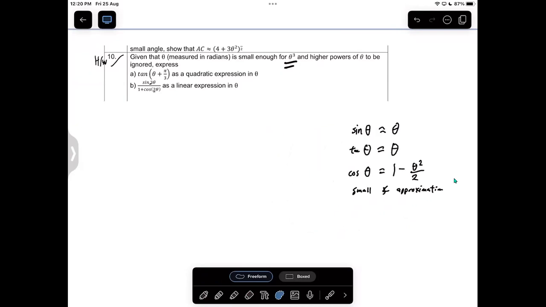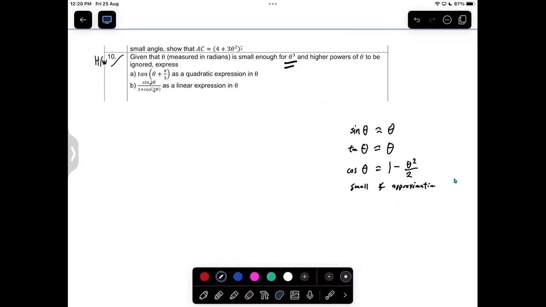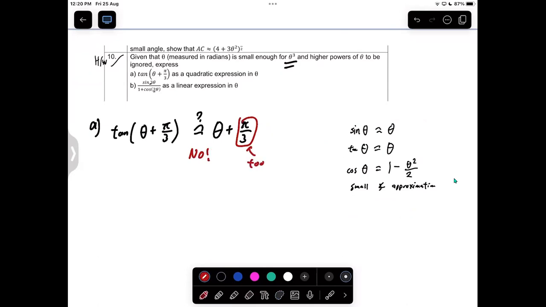So now in this case, part A, let's see. Tangent of theta plus pi over 3. Can you just approximate this as just theta plus pi over 3? Yes or no? No, because this is too big. You must remember you're approximating with a Maclaurin series, right? Usually the tangent graph will look like this.